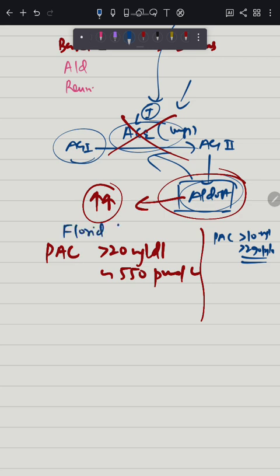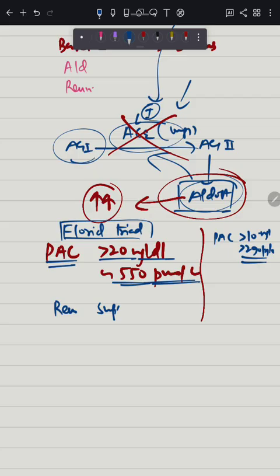Fluoride triad, where you skip confirmatory testing if the patient has primary aldosterone concentration more than 20 nanograms per deciliter, equivalent to 550 picomoles per liter, and renin so suppressed that it is undetectable, and hypokalemia is present.